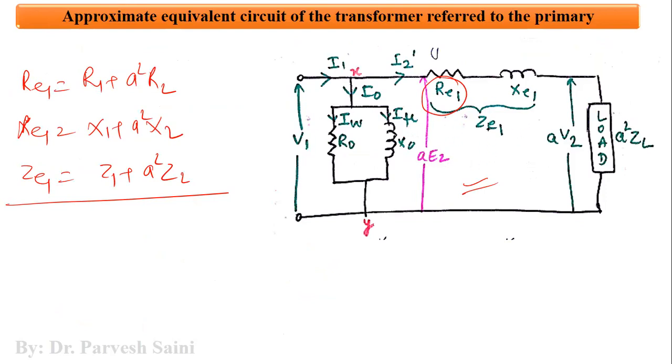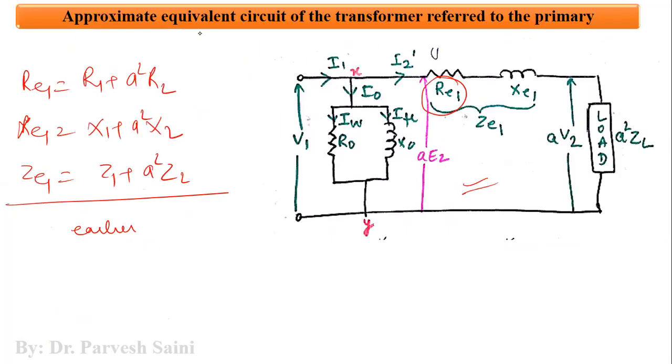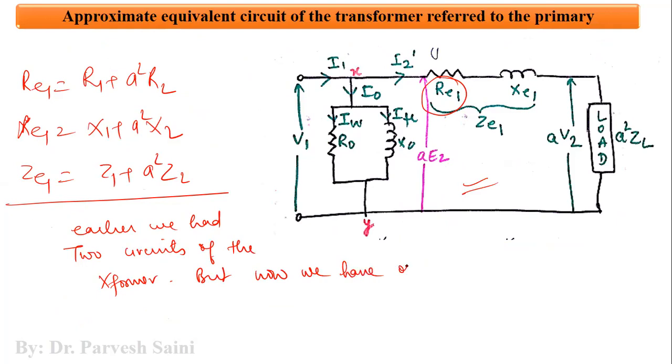Now what you can see here is that earlier we had two circuits of the transformer, but now we have one circuit.